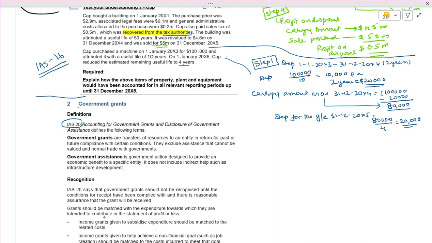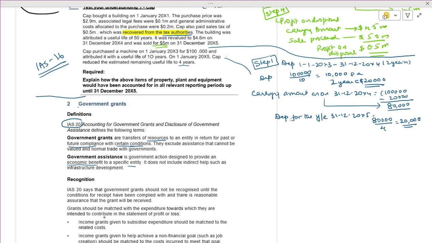What are government grants defined as? Government grants are the transfer of resources to the entity in return for past or future compliance with certain conditions. That's very specific. They exclude assistance that cannot be valued. Government assistance is government action designed to provide economic benefit to a specific entity.